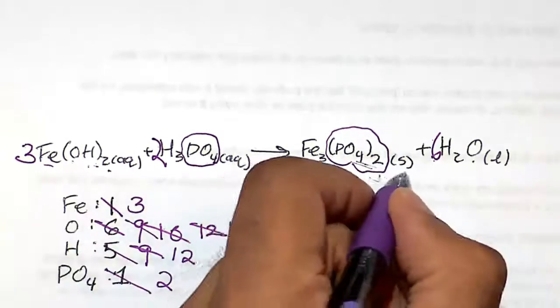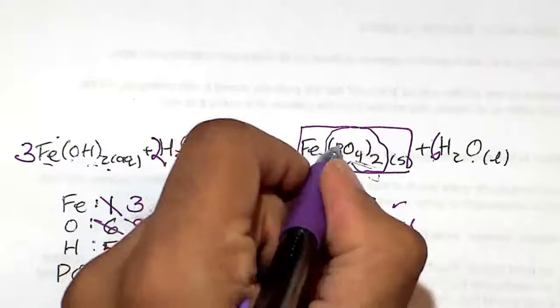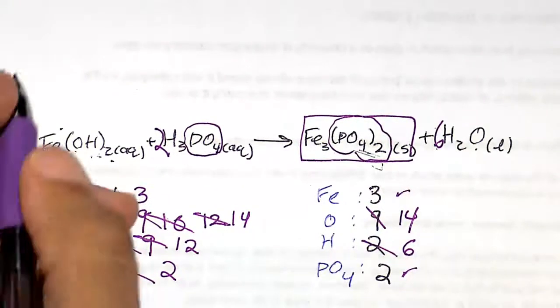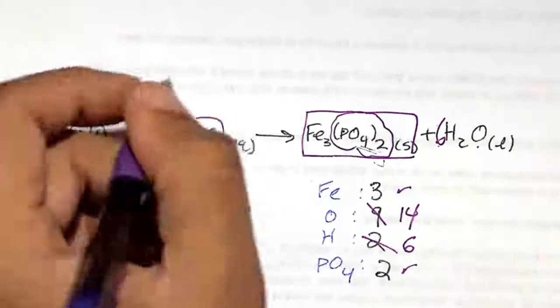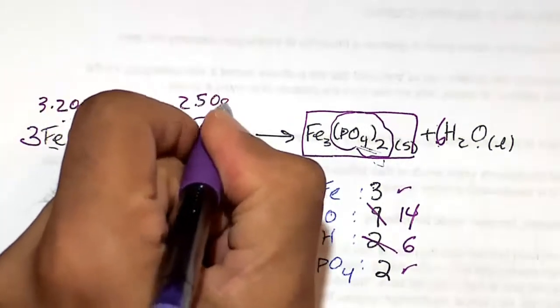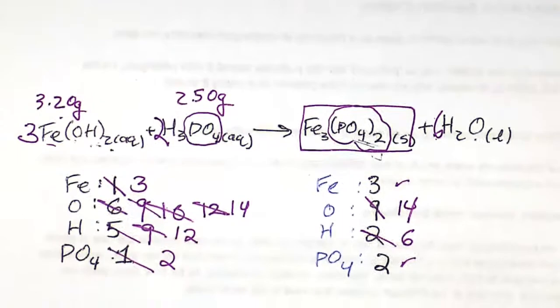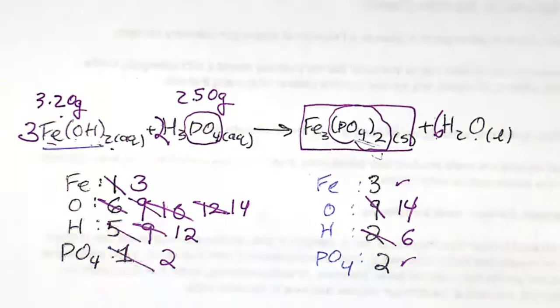So let's assume one of these is going to limit the amount of product. We started off with 3.20 grams of iron hydroxide and 2.50 grams of phosphoric acid. Let's assume all of this is used up.